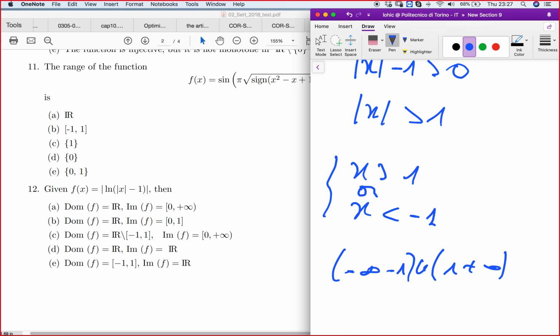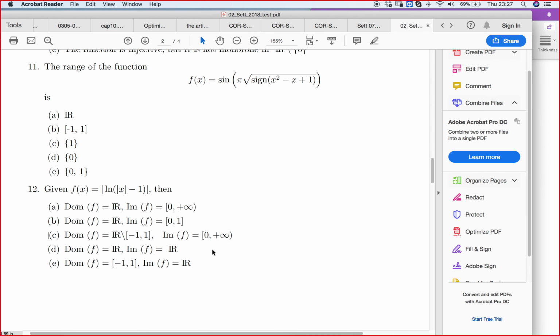So this is the domain we expect to have, and in fact it is R except this interval. Yes or not? And it is the unique answer with that domain, so the answer is C.